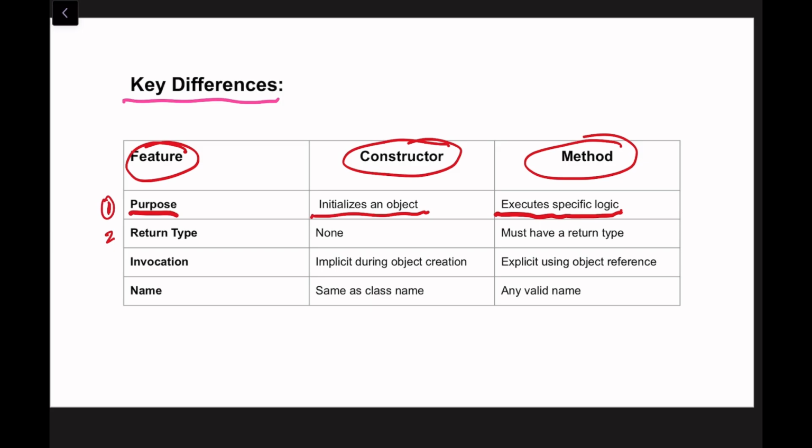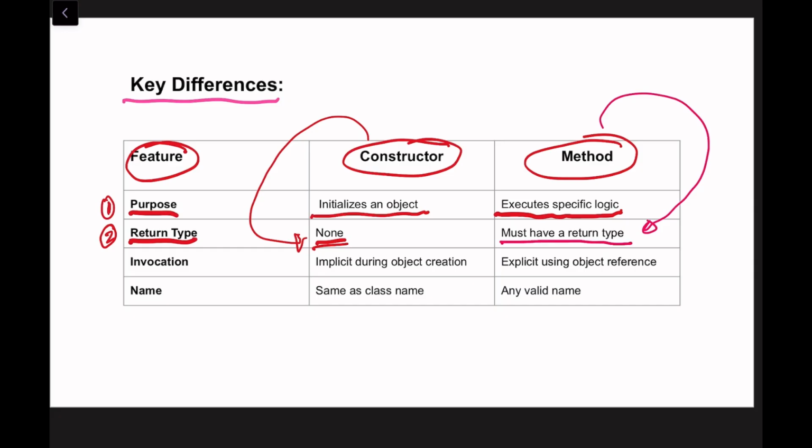Let's check 2, return type. A constructor does not have a return type, so that is why I have written none. And a method has a return type, and here you can see I have written must have. Maybe you think we have void that does not return anything, so why have I written must have? Void is a return type, you need to remember. So that is why I have written must have a return type.